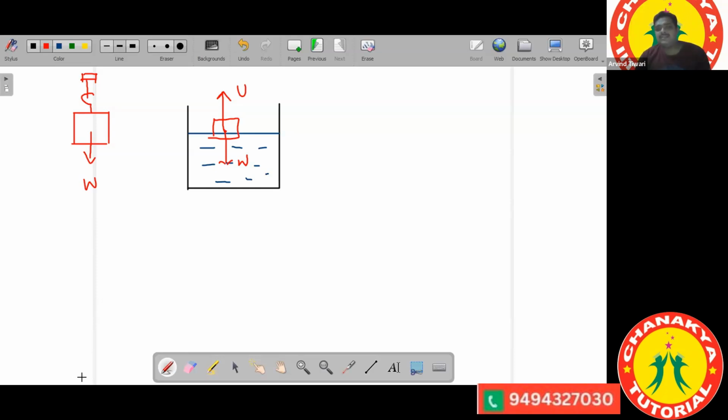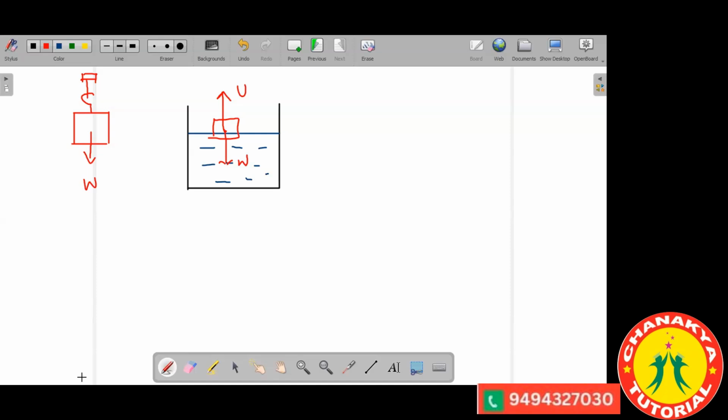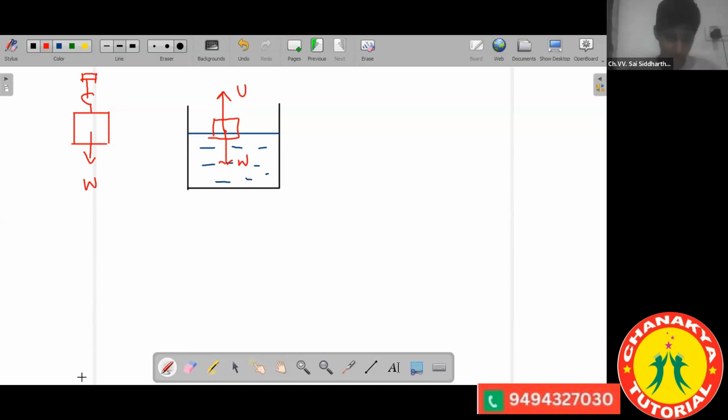Let us say it has some weight W. Now we take that wooden block and immerse it in water and again find its weight, without taking it out of water. What will happen to its weight? Will it increase or decrease? Decrease, because of the buoyancy.